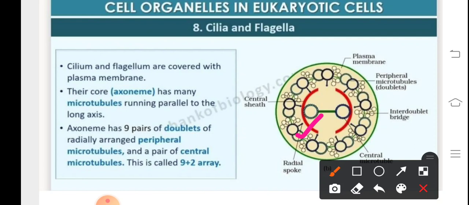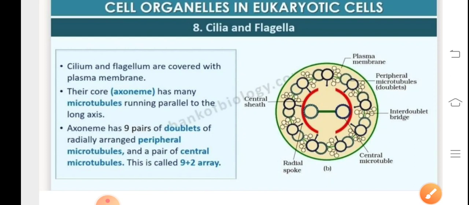It is made up of a protein referred to as nexin. So the linker is made up of nexin protein, and we can see the doublet bridge is present between the peripheral doublets, and there is also a bridge present between the central singlets. The red color represents the central sheath, which separates the peripheral doublets from the central singlets.